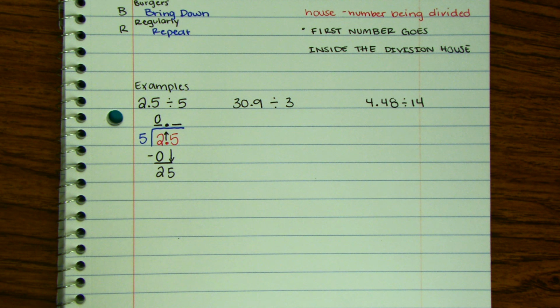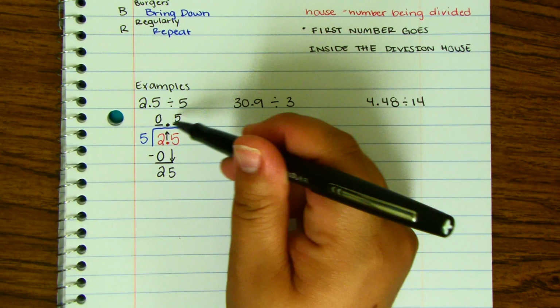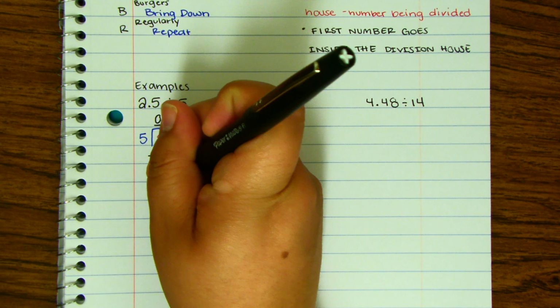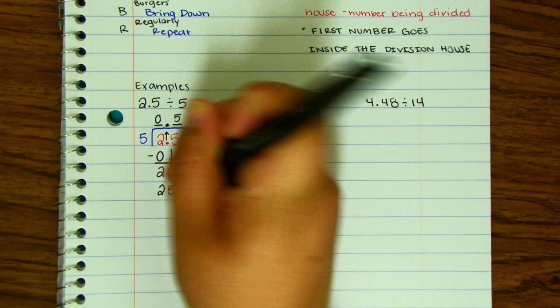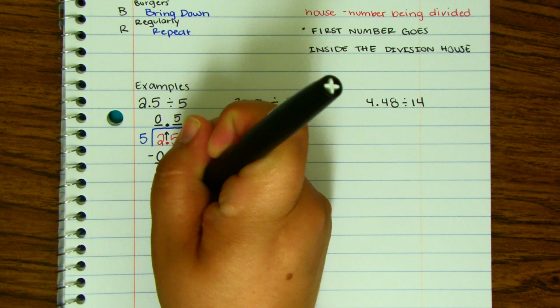So now I have 25. And I know that 5 can go into 25 5 times, because 5 times 5 is 25. I multiplied. Now I subtract, and I get 0.